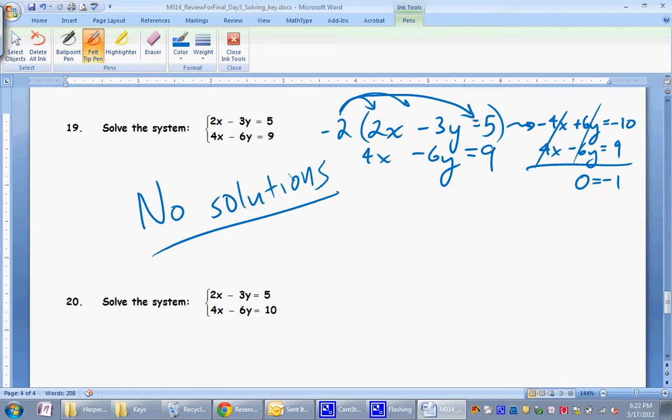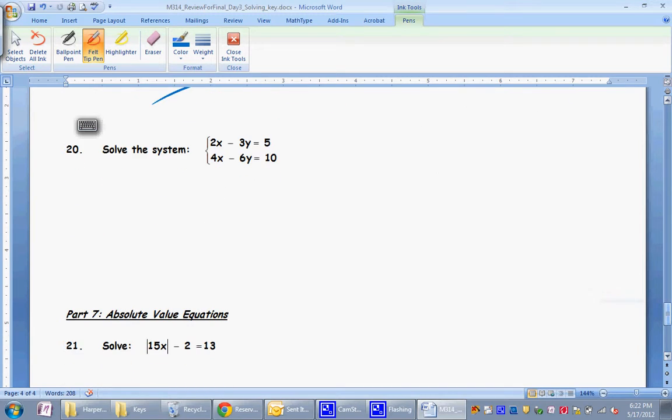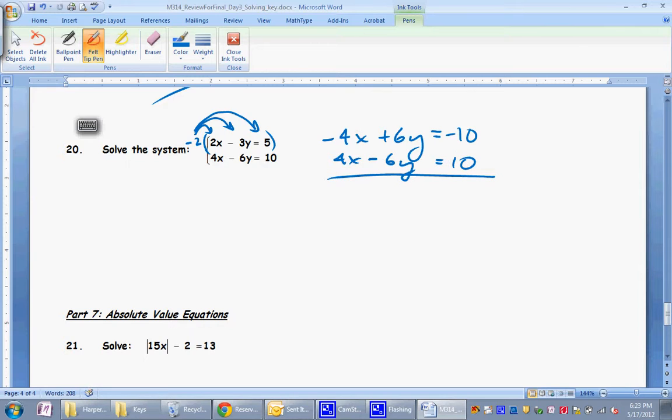Now we can try number 20. And it looks like a similar system on the left side, but the right side is a little bit different. I'm going to multiply the first equation by negative 2, and let's see how this difference affects it. Negative 4x plus 6y equals negative 10 versus 4x minus 6y equals positive 10. When we add these equations together, 0 equals 0.